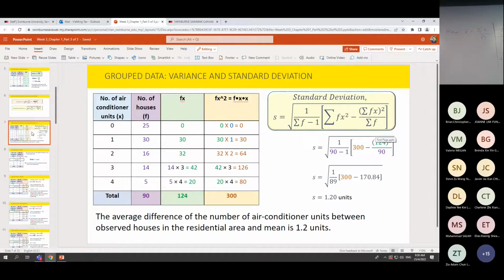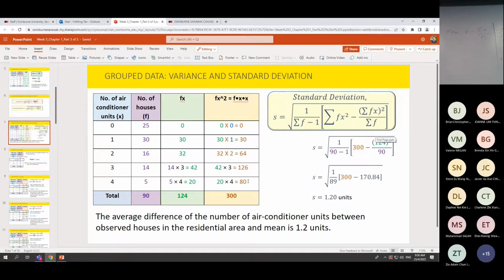Okay, so let's try to substitute the numbers into each variable. 1 is the constant number, you just let it be there. Total f, how to get the answer is from here, the purple one. So substitute this value into here. The minus 1 is the constant number, remains the same. Now we move on to total fx squared.